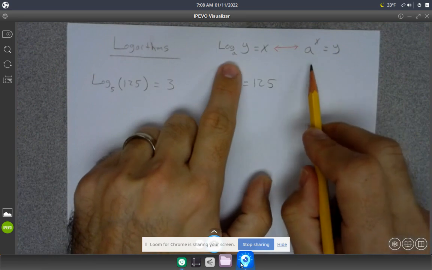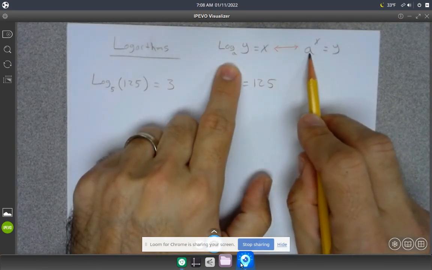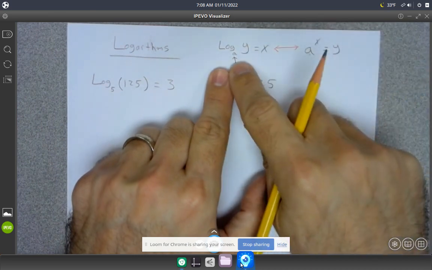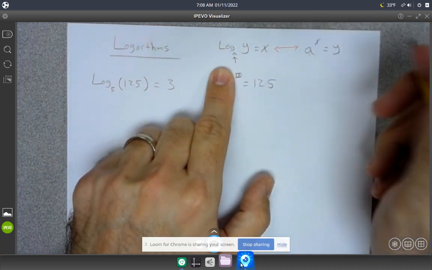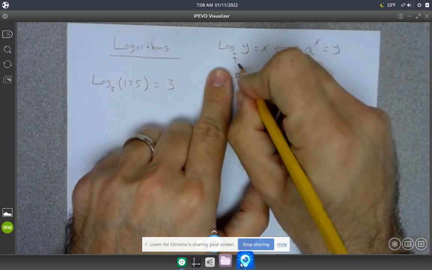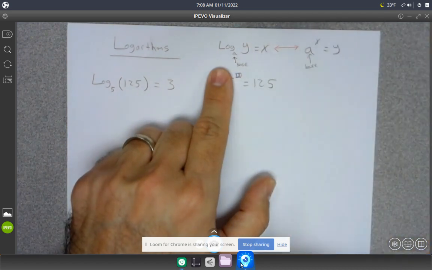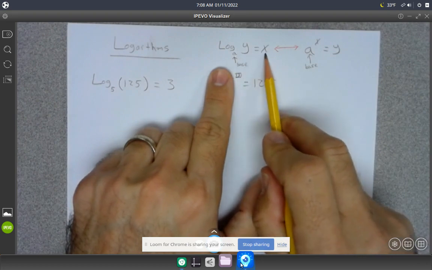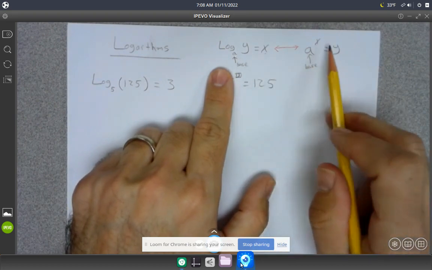Remember, the base is always the number that you're raising to the exponent. They literally call it base a when you're talking about logarithms. So you've got your base, and then the answer that you get here is the exponent that you're trying to figure out in this statement.